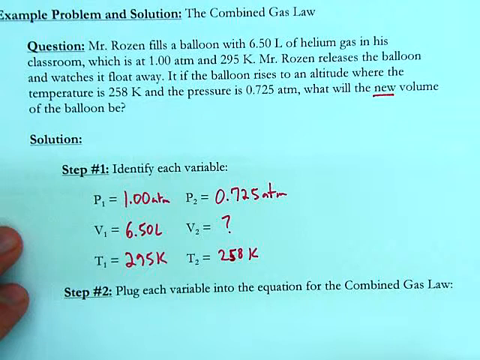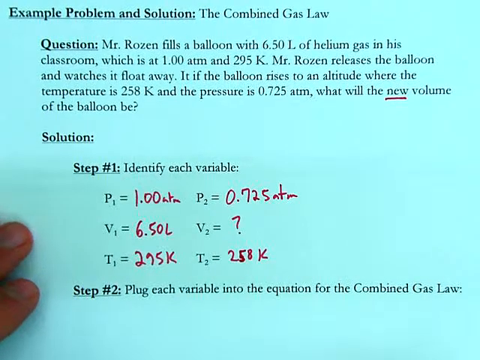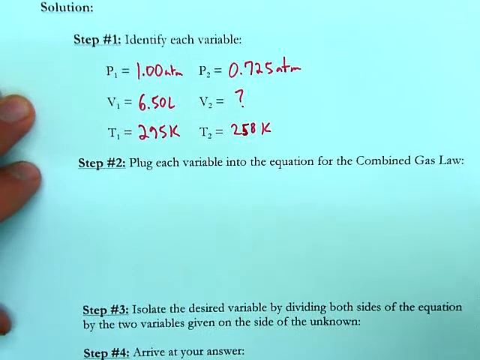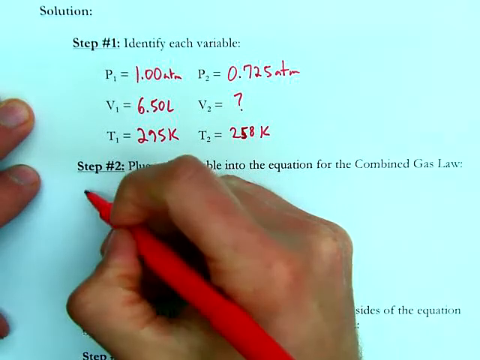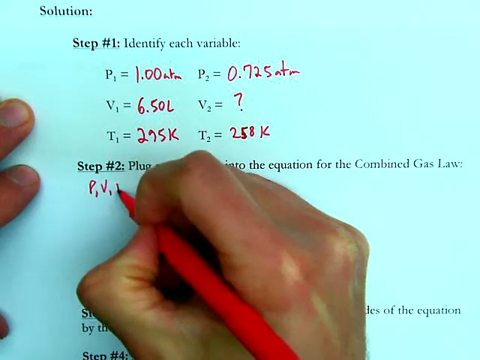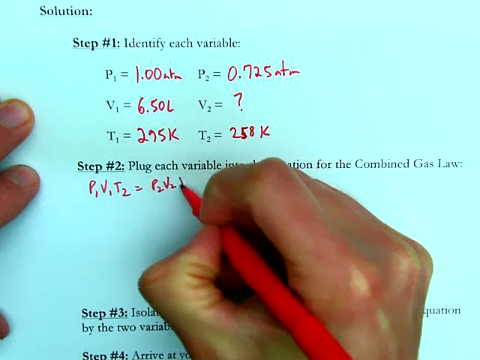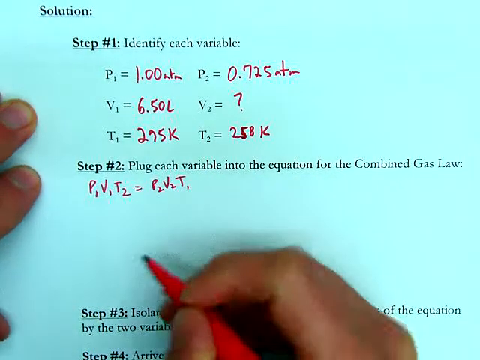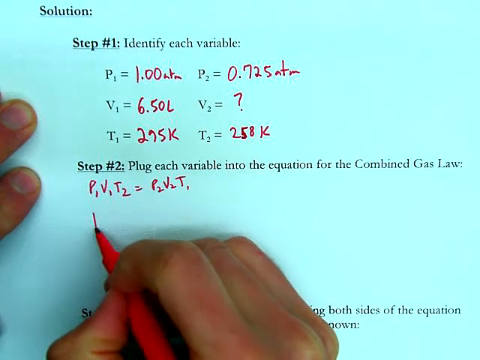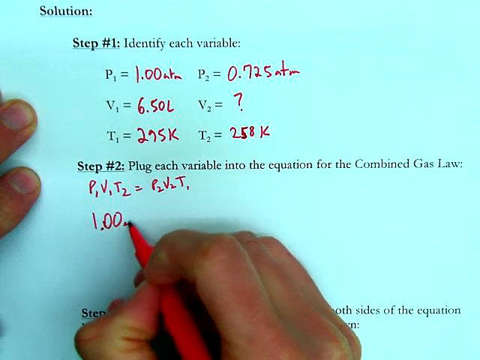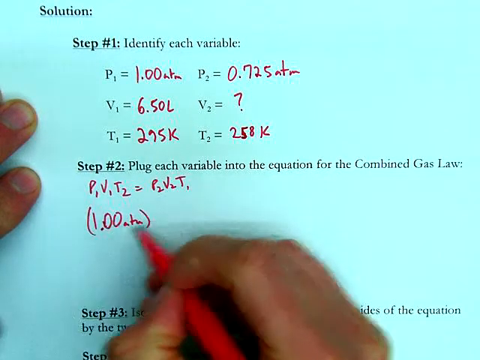So we're going to now plug this into the equation, which again is P1 V1 T2 equals P2 V2 T1. So 1.00 atm, that's our starting pressure.